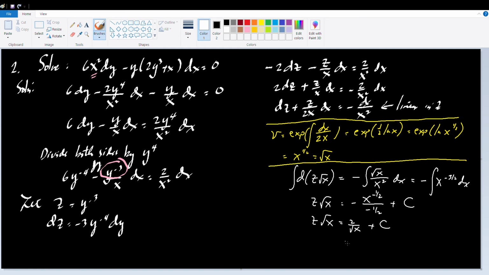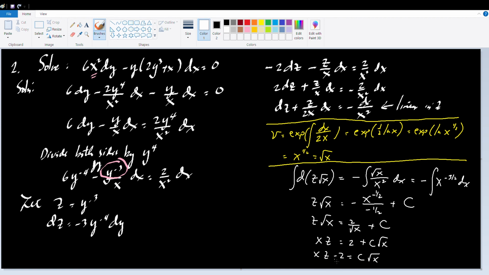Okay, so let us multiply by square root of x. That becomes z square root of x times square root of x is zx or xz equal to 2 plus c square root of x, or xz minus 2 equal to c square root of x.